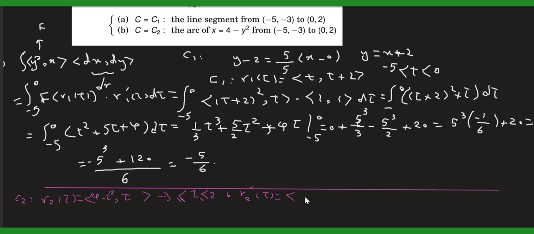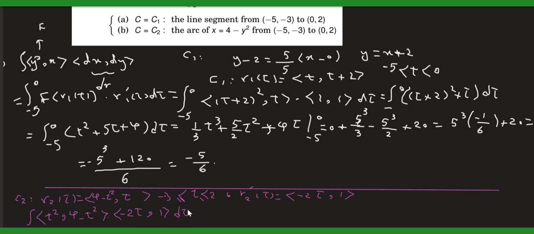Now we can compute the line integral of the vector field. The vector field was y squared and x. Instead of y we can write t, and instead of x we have 4 minus t squared, dot product with this derivative, minus 2t and 1 dt. T will change between minus 3 and 2.